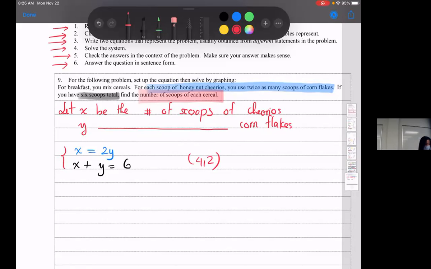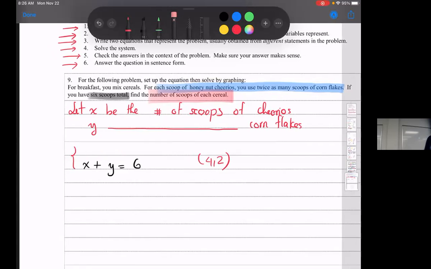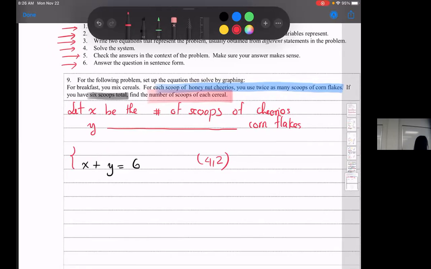Should be X, Y equal to X. Yes, Y equal to X. This is Y equal to X. I'm sorry, here. Because for every scoop of a honey nut Cheerio, you use twice as many scoops of cornflake.